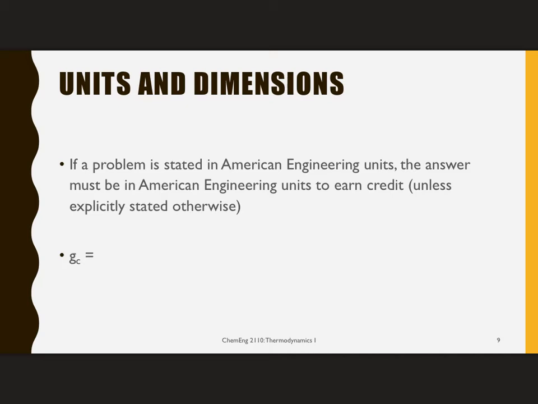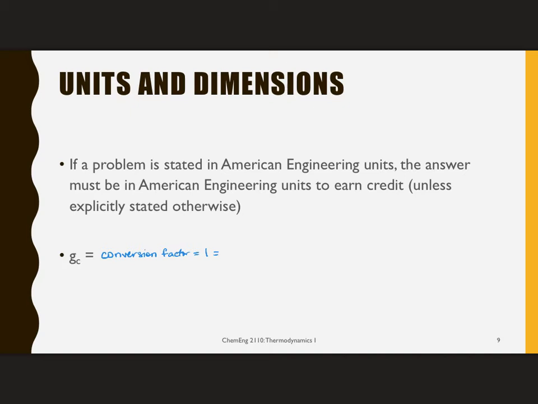Now, probably the hardest thing, if you remember from your physics and changing units, is using g sub c, which is just a conversion factor. A conversion factor is something that is equal to 1, but it allows you to change units from something to something else.